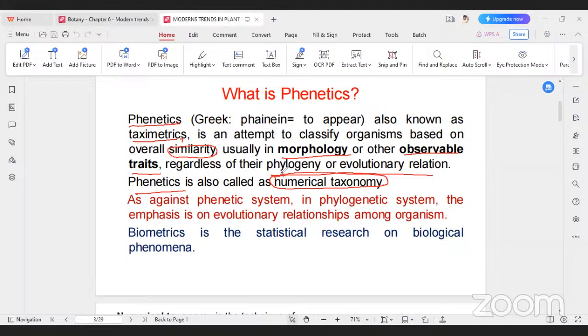As against the phenetic system, the phylogenetic system emphasizes the evolutionary relations among organisms. So in phenetics or numerical taxonomy, versus the phylogenetic system, which mainly focuses on evolutionary relations among organisms. Biometrics or taximetrics is the statistical research on biological phenomena. It is statistical research, that's why it is called numerical taxonomy.